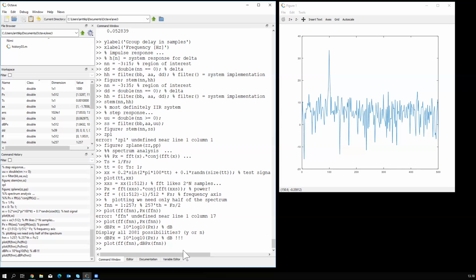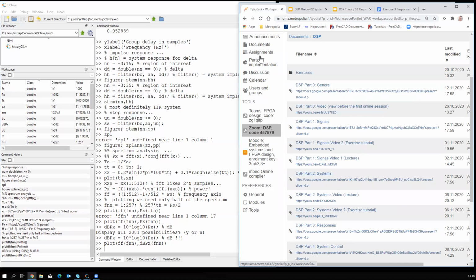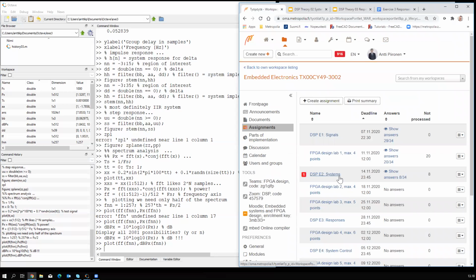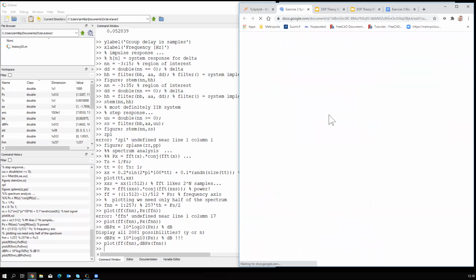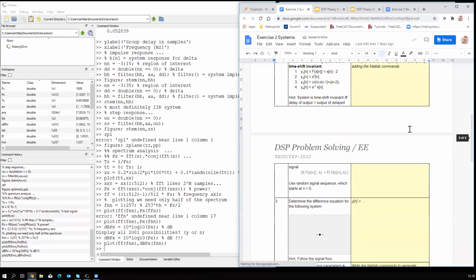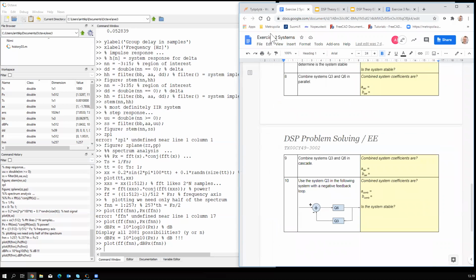Another frequency plot is the spectrogram. Did we already have the spectrogram? I have a feeling that we did, but no, we didn't have.